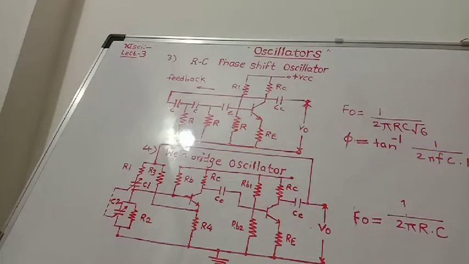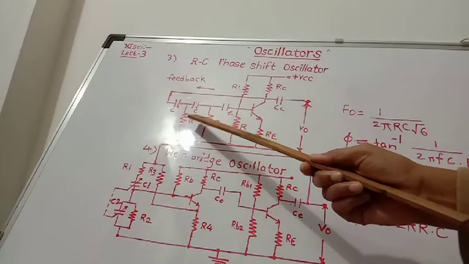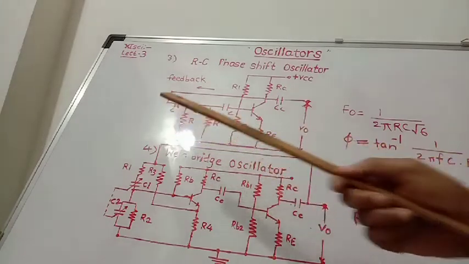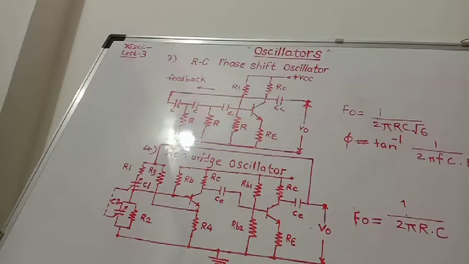First of all we will study the RC phase shift oscillator. In the RC phase shift oscillator there are three RC networks, and each RC network produces a 60-degree phase shift.